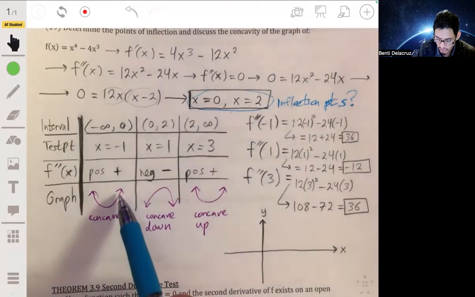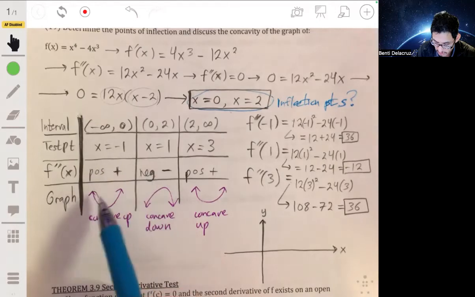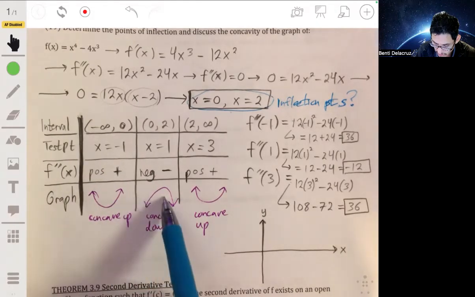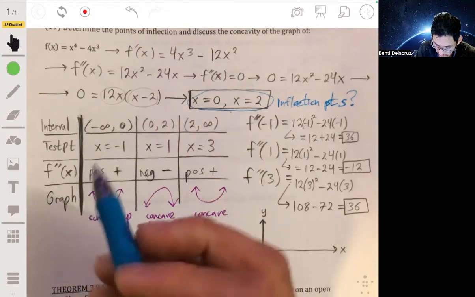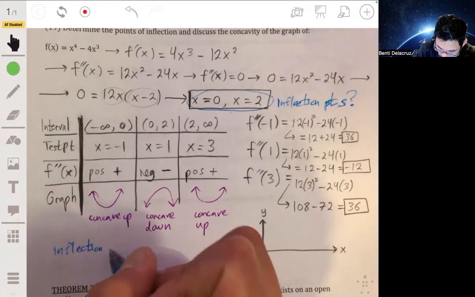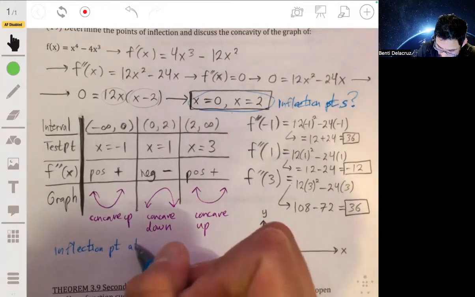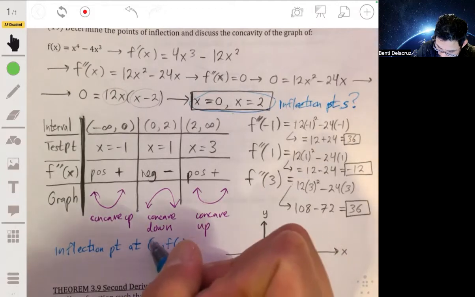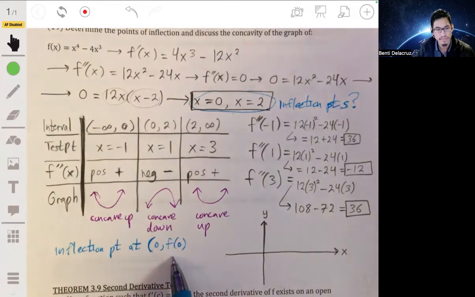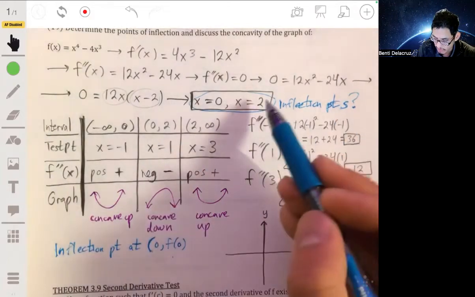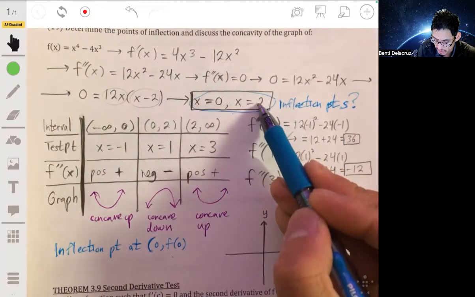Before x equals 0, it's concave up. Then after 0, it's concave down. So there's an inflection point at 0, f of 0.